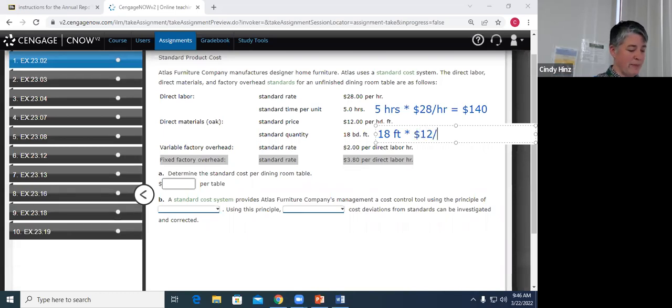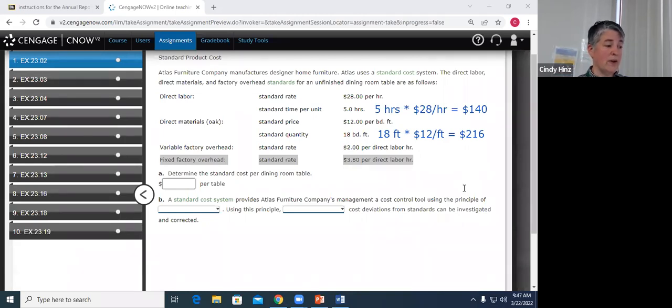And we expect to pay $12 per board foot. Again, once we start making the product and comparing what we actually use to what the standards say, we may find out we used more or less of the material and that we paid more or less than the standard for it.